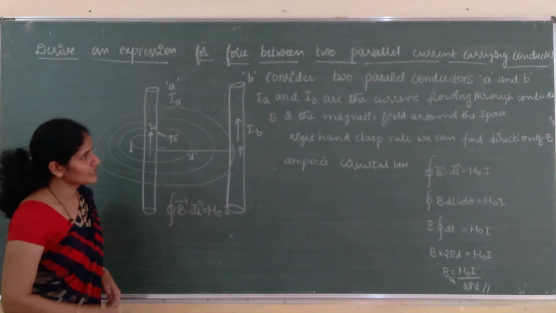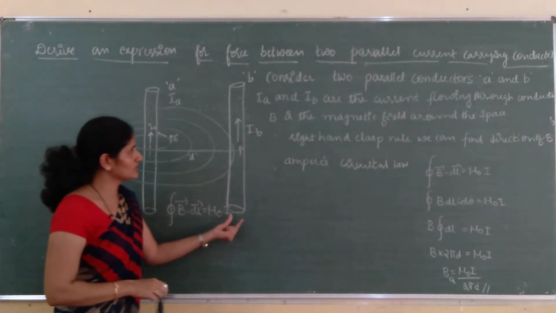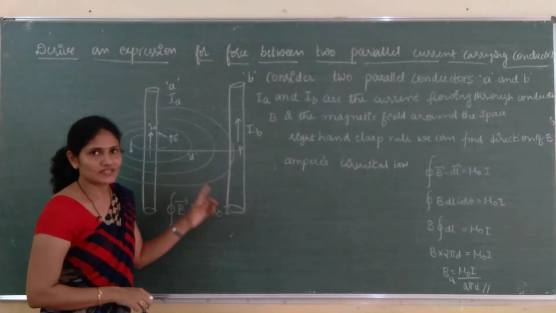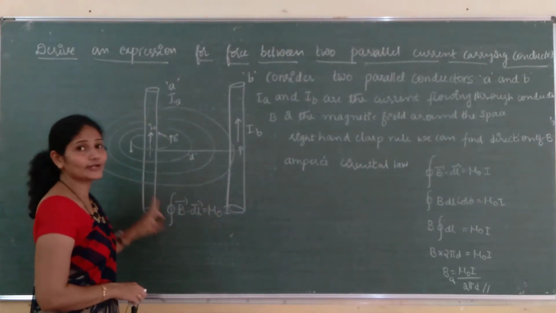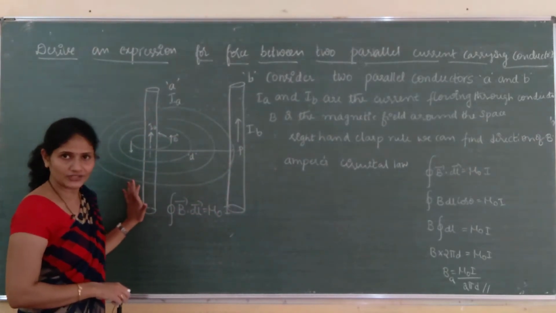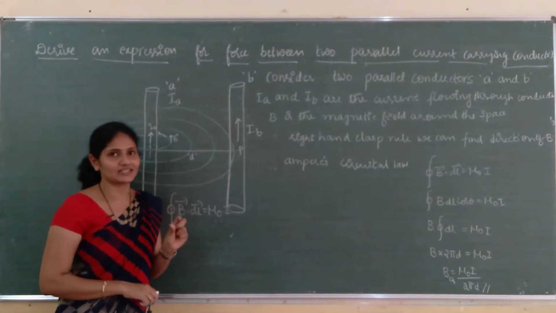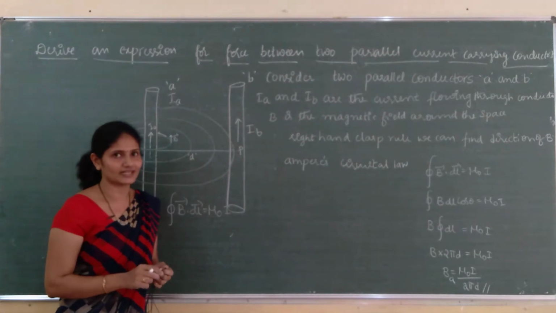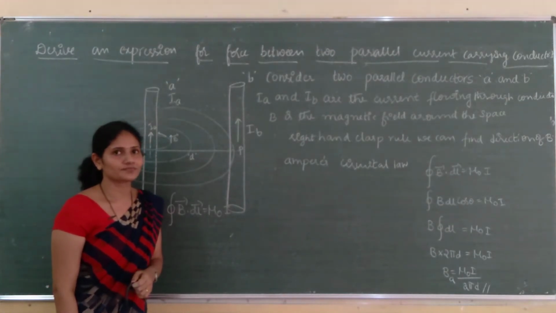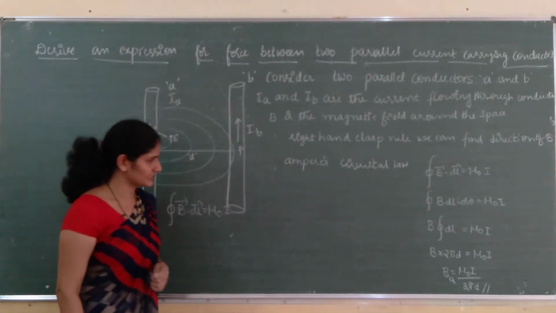Now, let us see what is the force acting on this parallel conductor which is placed in the magnetic field of the first conductor. We know that the magnetic force acting on a conductor placed in a magnetic field is F equal to BIL sin theta.